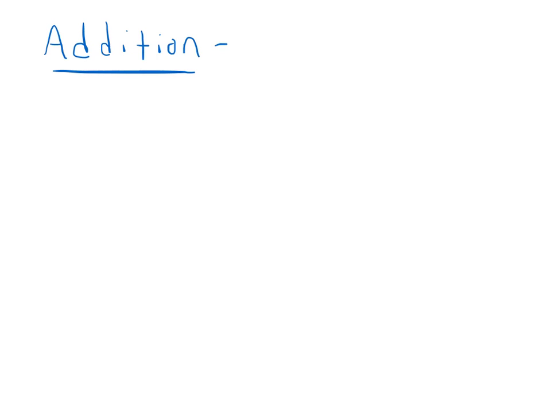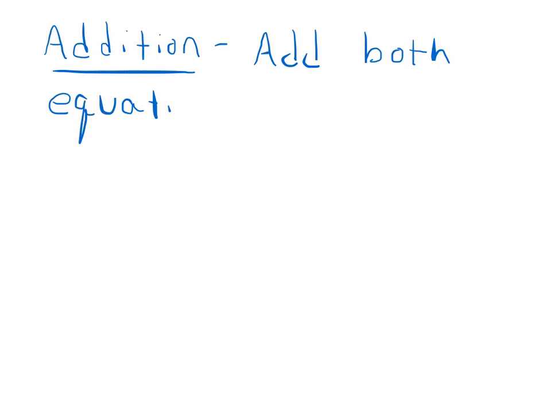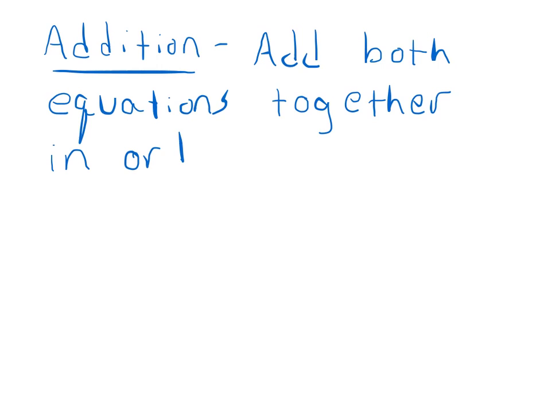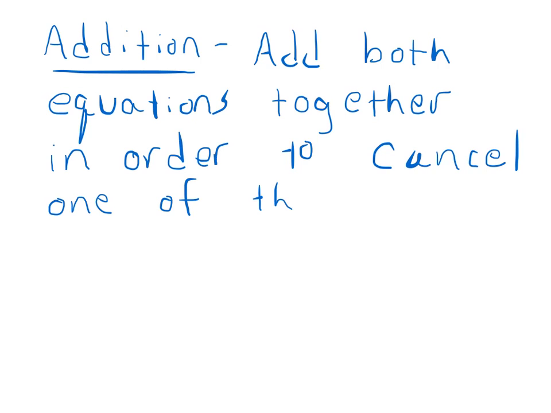The addition is, and you guys can fill this in on your line in your notes, when we add both equations together in order to cancel one of the variable terms. Okay, get that down.